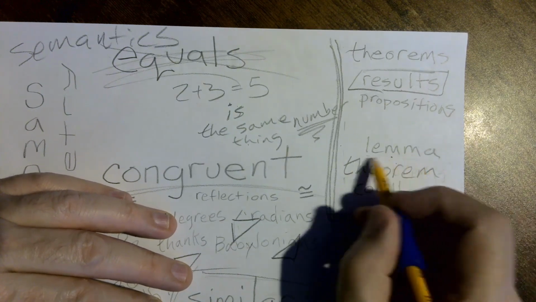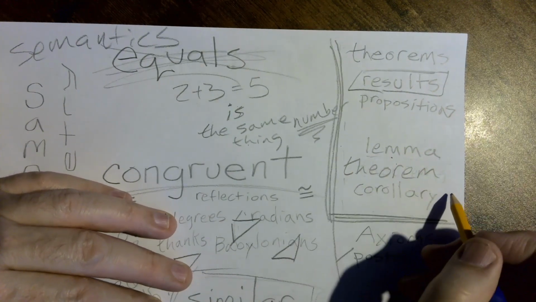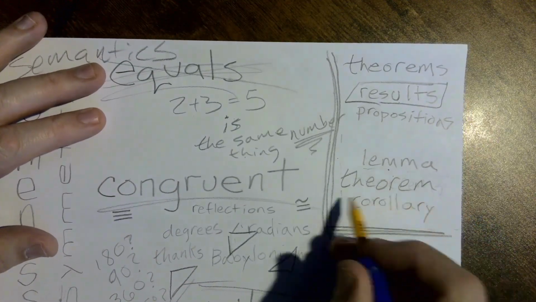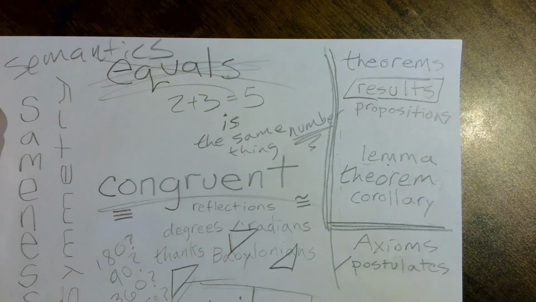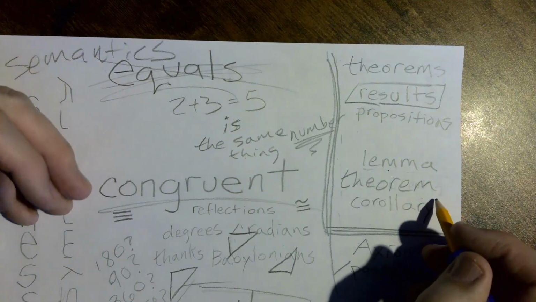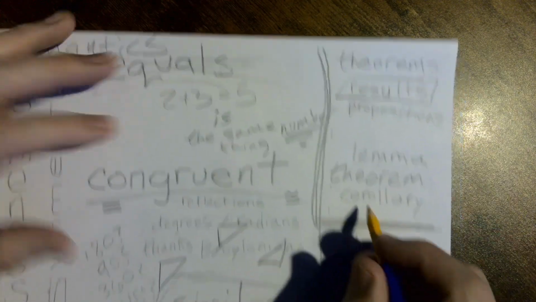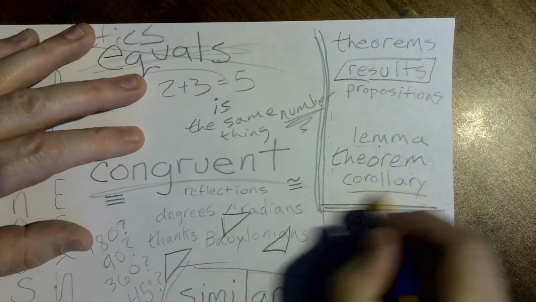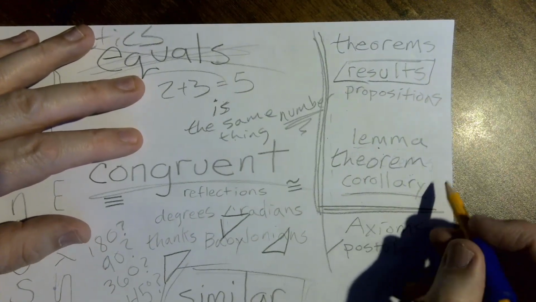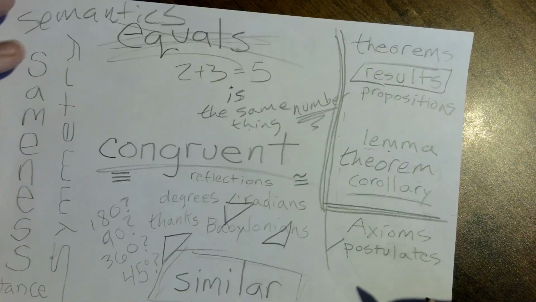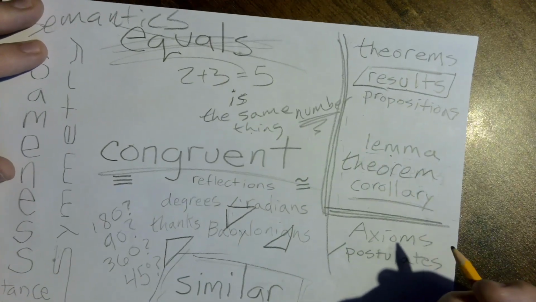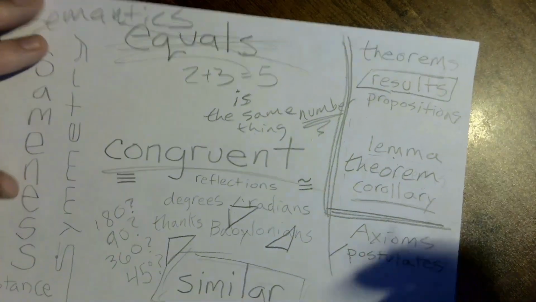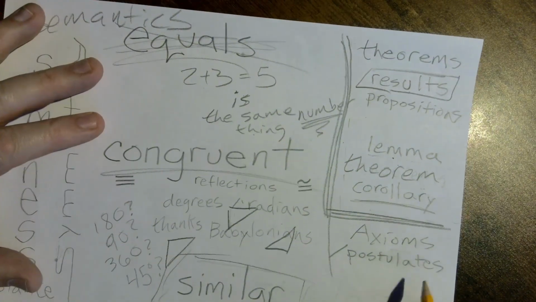So a lemma comes before the main theorem. And then any theorems that fall into your lap as a direct result of this, like logically, they're just easy to prove, those theorems are sometimes called corollaries. A theorem that is a direct result of a big theorem. It's a corollary, but they're all theorems. We're writing theorems. These are statements proven true.